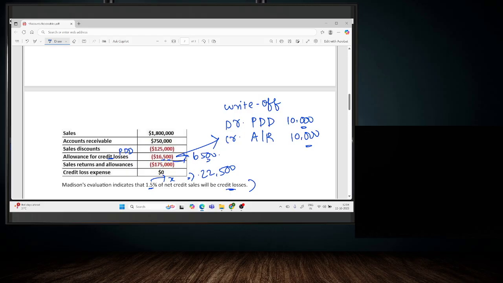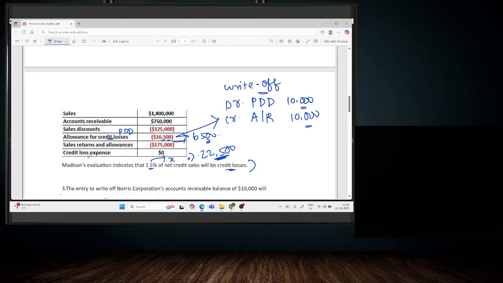Already you have 6,500. On top of the 6,500, you will increase this 22,500. So this increase of 22,500 is done after the write-off. Even if you are not understanding at this point, I will explain this again while solving the questions.